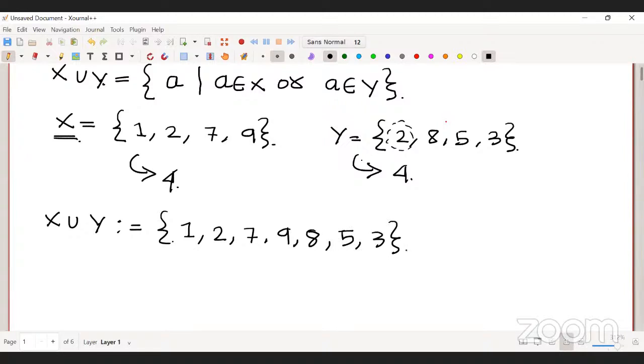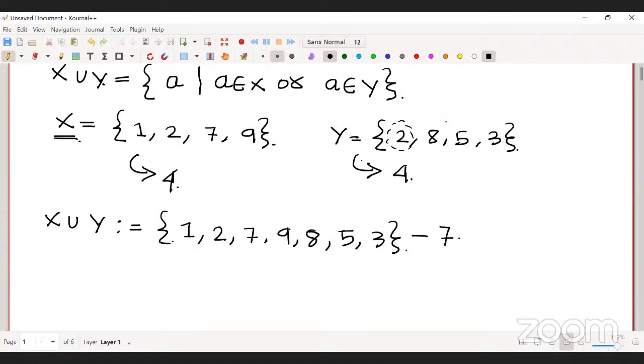So what is the cardinality of X union Y? 8. Are you sure? No, sir, 7. 7, as you can see there is a common element in X and Y, so we just need to count it once. We don't have to count it twice.